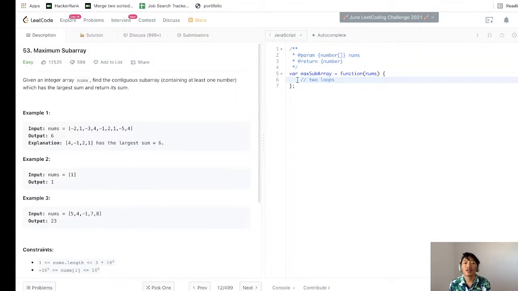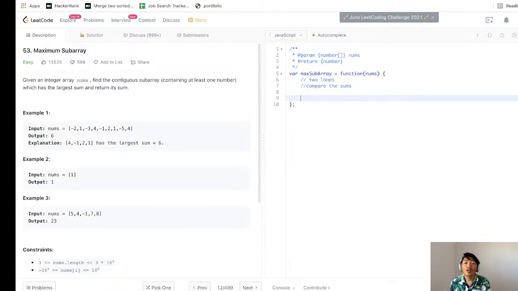We'll see if we can finish it in 45 minutes, and if we can finish earlier, then we will try to optimize our solution to a big O notation of n. That would be the ideal. So the thinking is two loops and compare the sums.